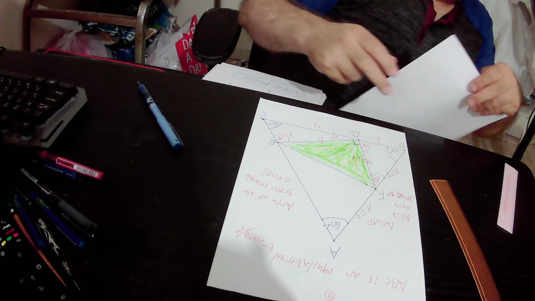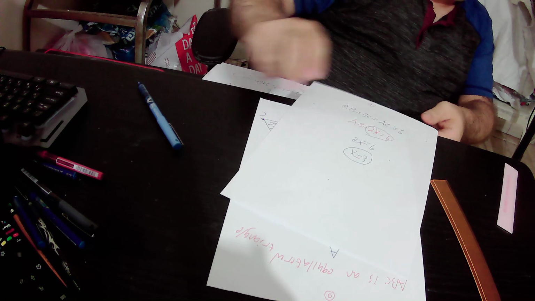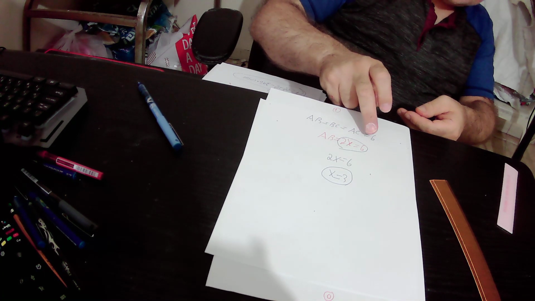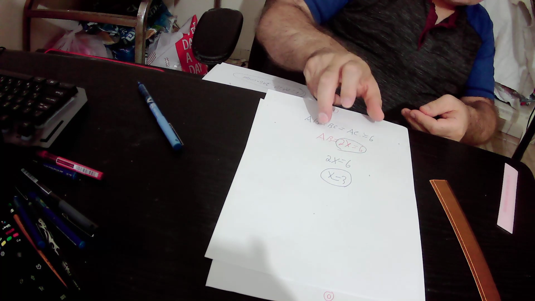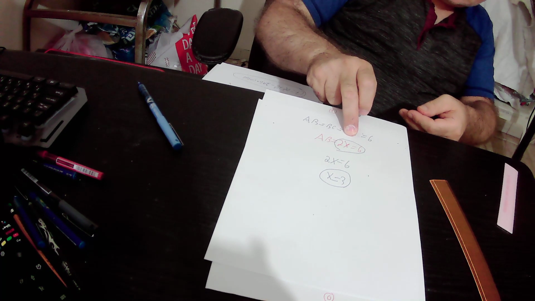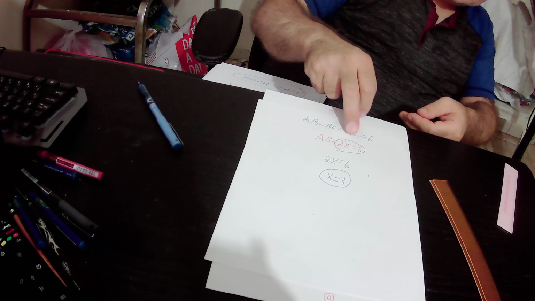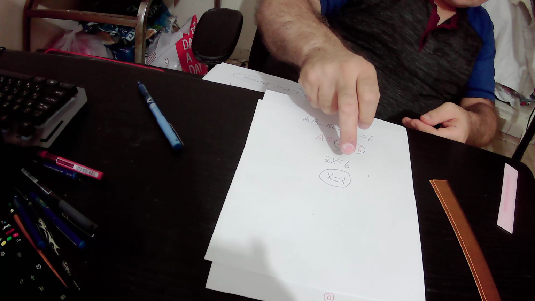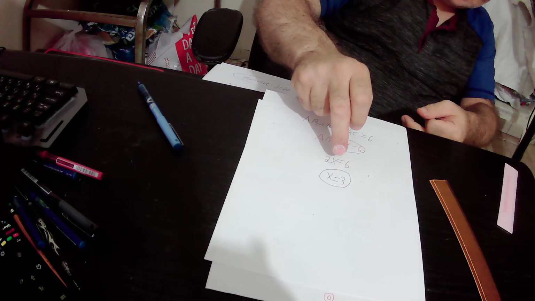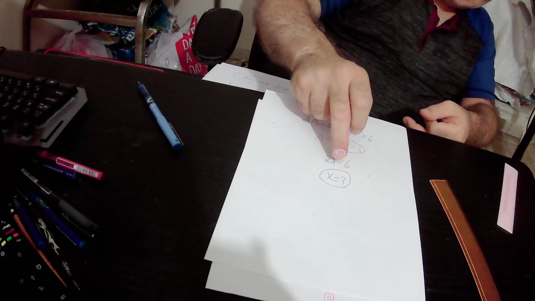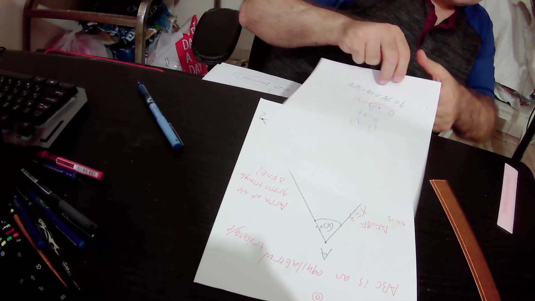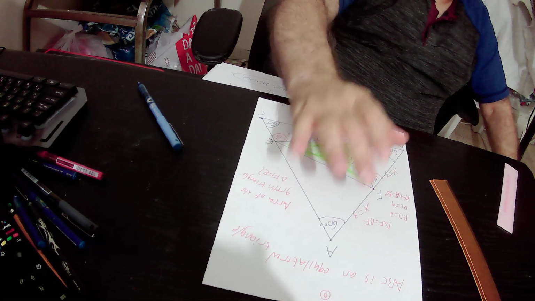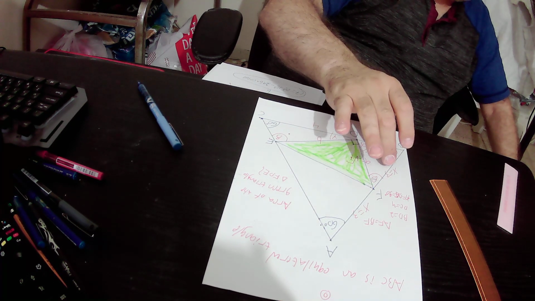So from one side AB equals 2x, and from the other side AB also equals 6. From this equality, 2x equals 6, and if we divide by 2, we get x equals 3 units. So AF equals x equals 3 units, and BF also equals 3 units.